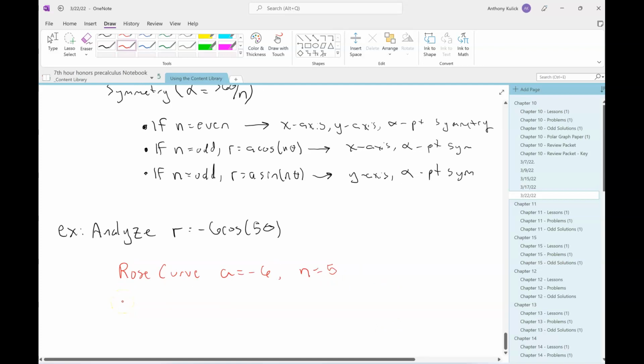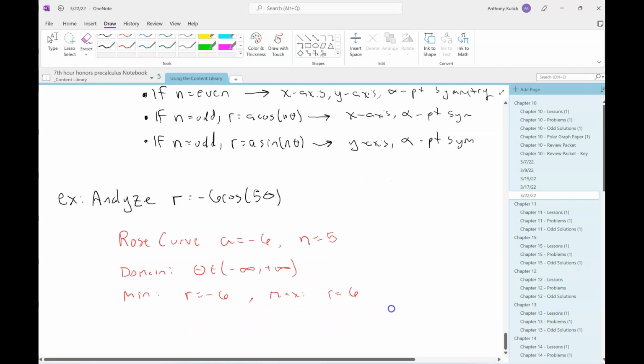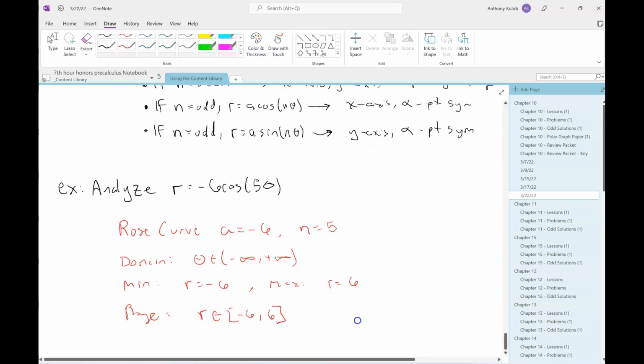So the domain, well, that's easy. It's all real numbers. All the rose curves' domains are all real numbers. My minimum value is going to be -6, and my maximum value would be +6. So the range then is going to be from -6 to +6.